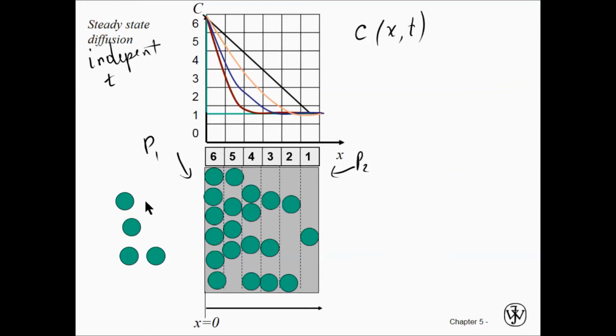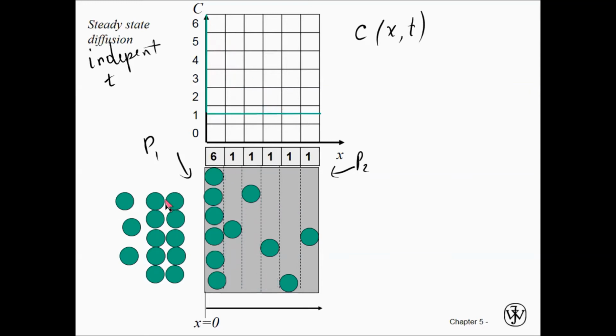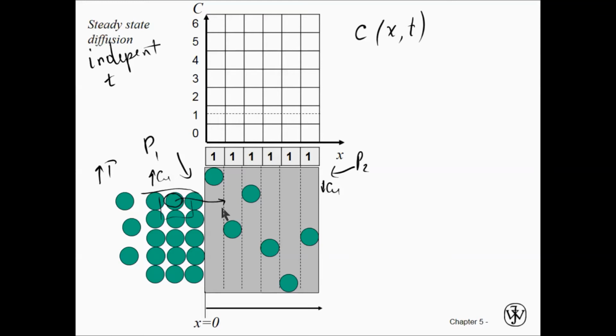When I have a high amount of copper over here, you see low amount of copper over here. It's because I have high concentration here, low at the other end. Diffusion starts because of concentration difference, and when we increase temperature, this copper atom will have enough energy to break bonds between neighbors and diffuse into aluminum.